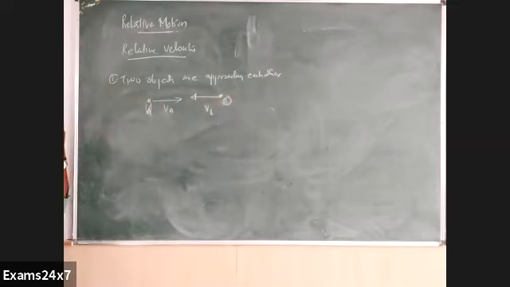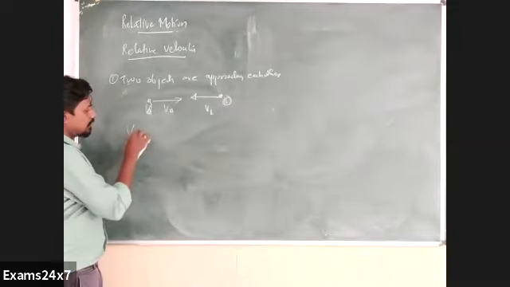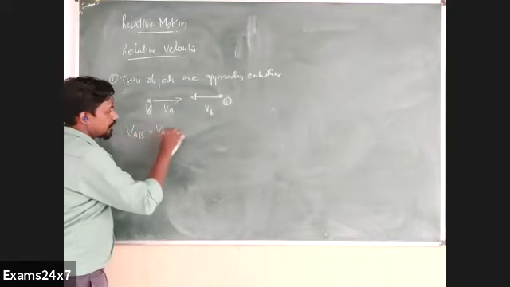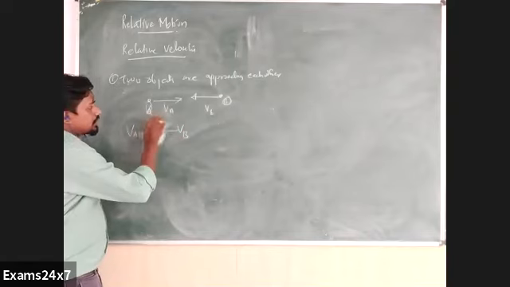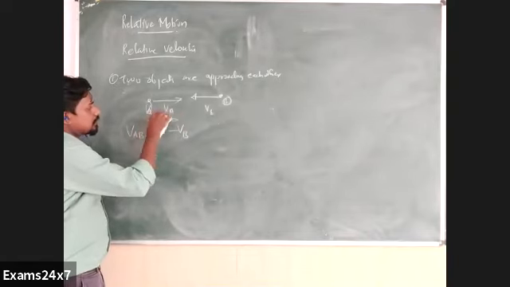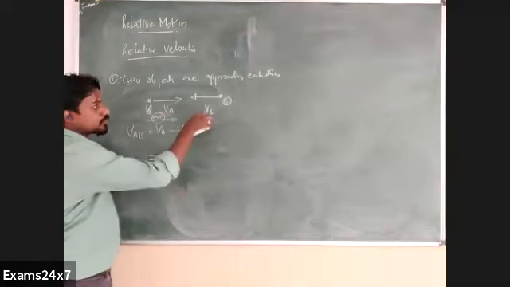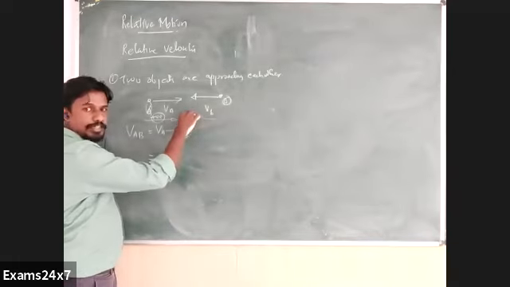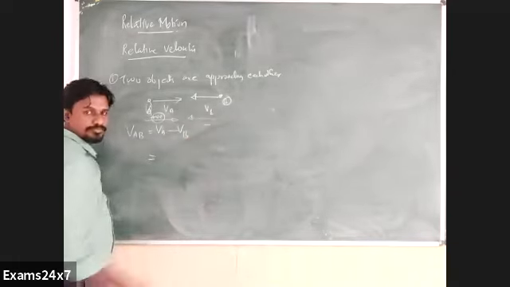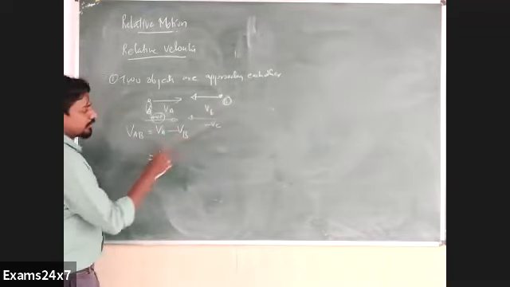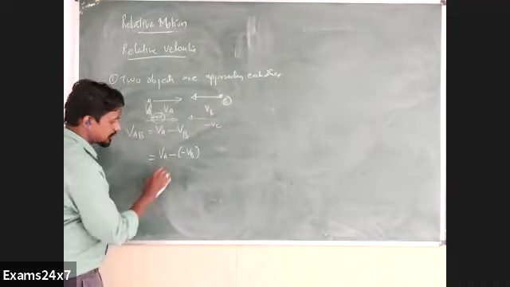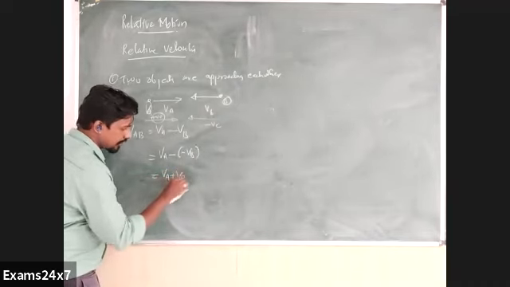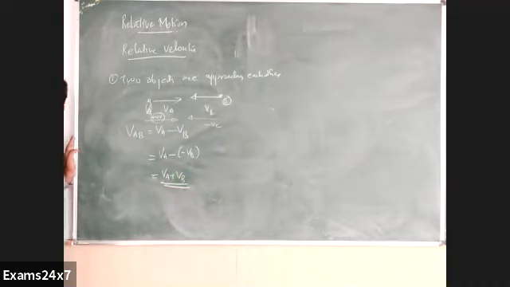The relative velocity of A with respect to B is VA minus VB. VA is along the positive x-axis, so it is positive. What is the velocity of B? It is along the negative x-axis, so it is negative. So VA minus VB is VA plus VB. Are you getting it?